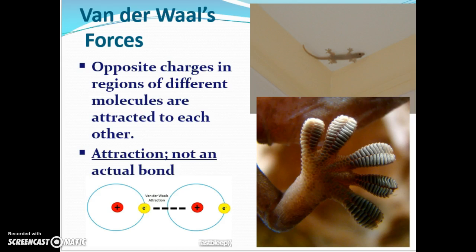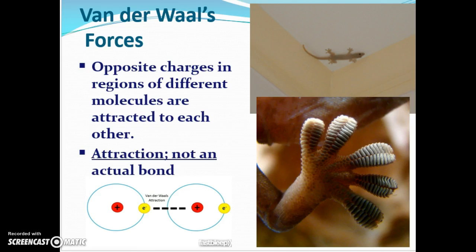And those each provide surface area attachment to whatever the gecko is trying to attach to. And so all of that surface area is allowing the van der Waals forces to attach and detach as an attraction to the molecules in the ceiling.